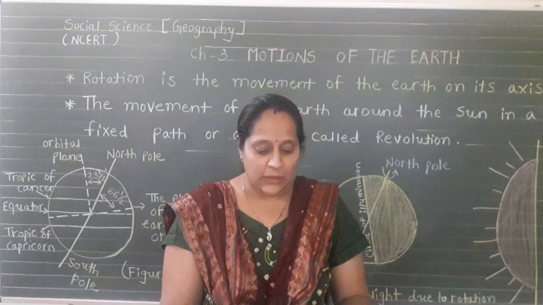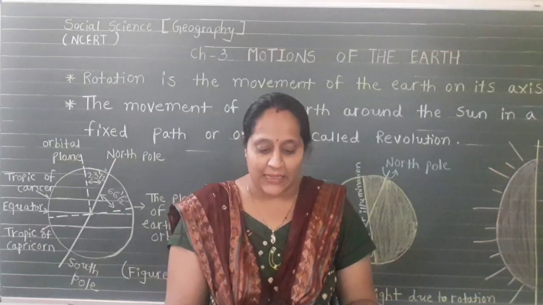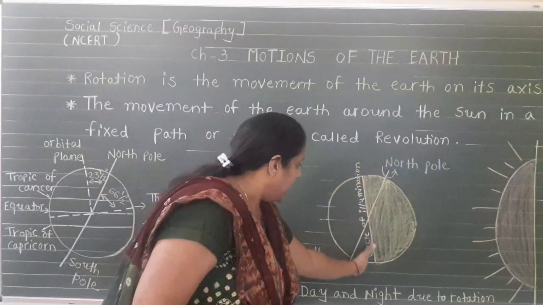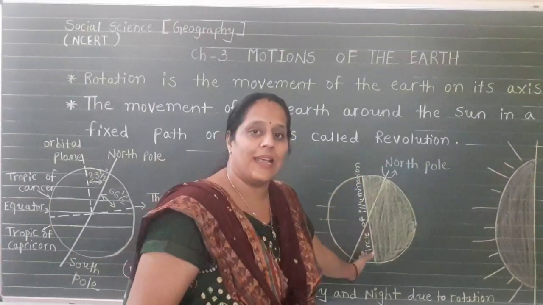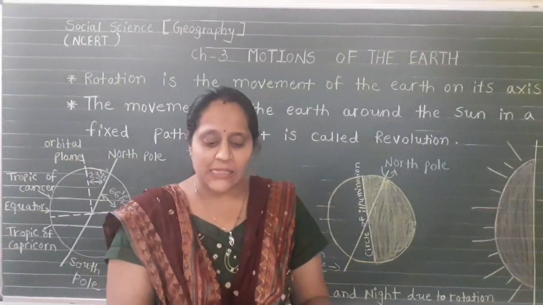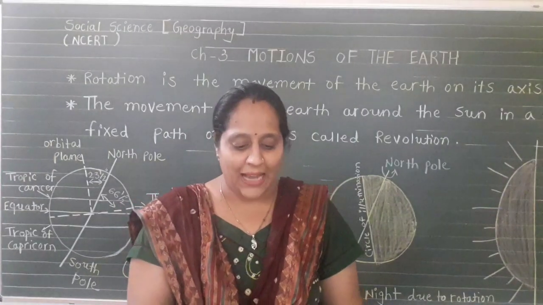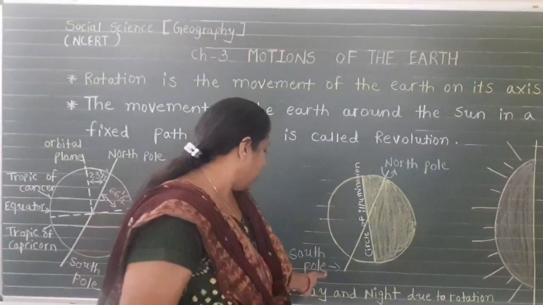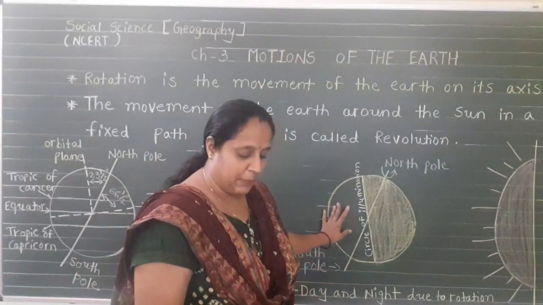The circle that divides the day and night on the globe is called the circle of illumination. This line is called the circle of illumination. This circle does not coincide with the axis, as you see in figure number 3.2.